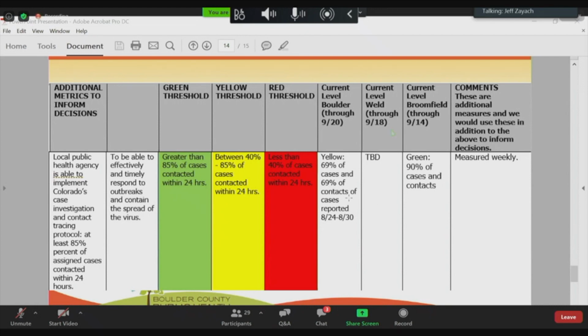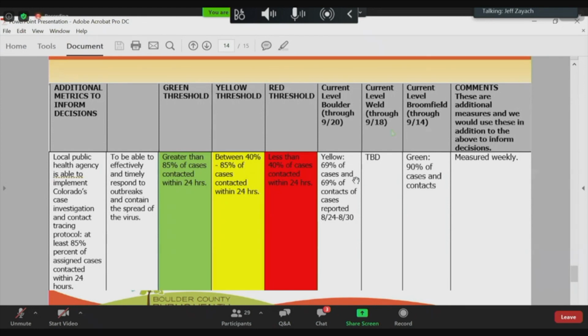I do want to say here that we are handling the case investigations and contact tracing associated with the University of Colorado outbreak, and that's because we have CDPHE, the State Health Department, helping us with that, as well as the partnership that we set up with CU on the front end before school came back, which was to put in place case investigators and contact tracers at CU specifically.